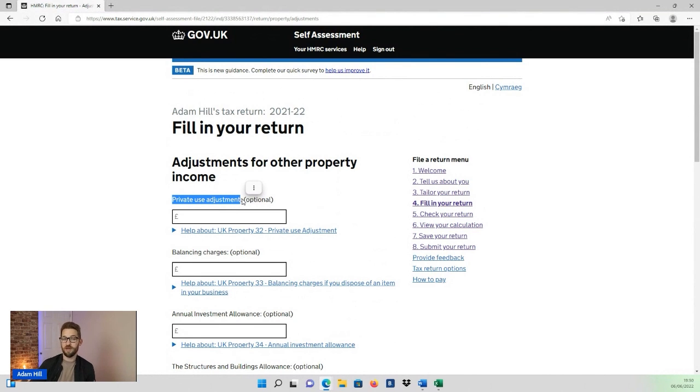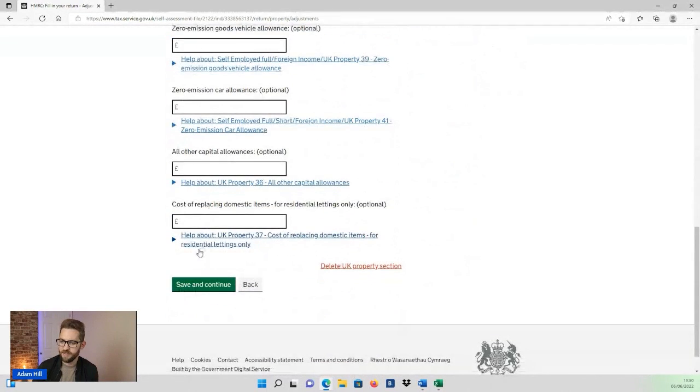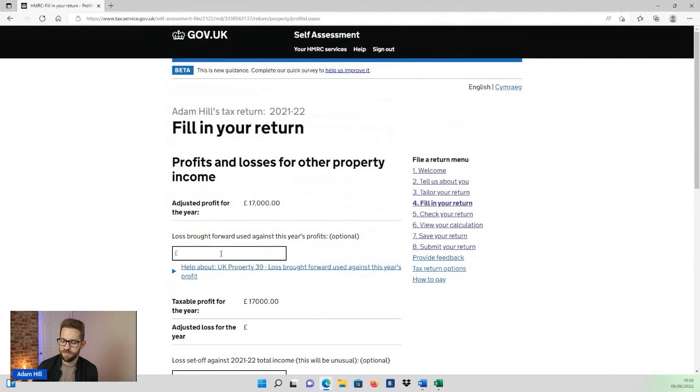So if you were renting a property for 10 months of the year, and then you lived in it for 2 months of the year, then you need to deduct 2 months' worth of the expenses by including them in this private use adjustment here. We don't have examples of any of these here, so we're going to save and continue to the next page.